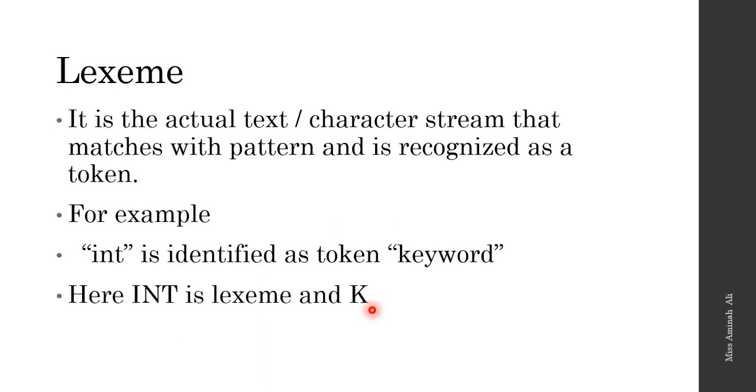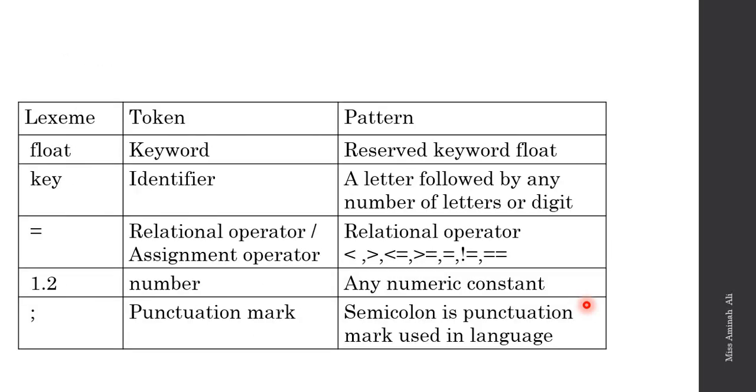Here int is lexeme and keyword is token, यानी ये int actually lexeme है जो actual character या actual text है, टोकन से जुड़ा हुआ actual text जो है उसे हम lexeme कहते हैं। int is lexeme and keyword, यानी इसका टोकन क्या बना था, keyword. So keyword is a token. So I hope you understand what is lexeme and what is token.